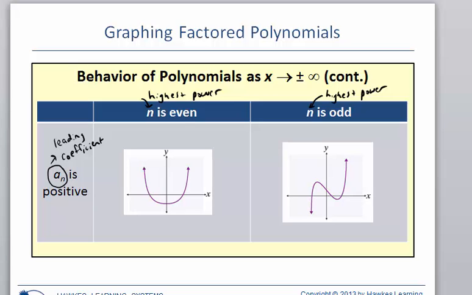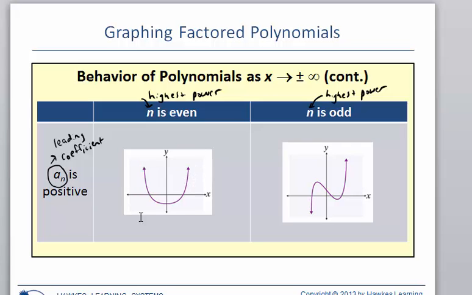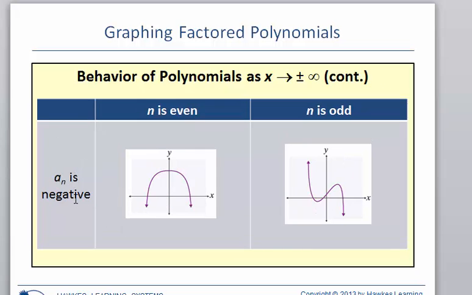Now, consider what happens if your leading coefficient becomes negative. We know that putting a negative onto a function has the effect of flipping that function over the x-axis, of reflecting it over the x-axis. So if that leading coefficient is negative, then instead of both of those edges going up, if we have a negative coefficient, both of them go down.